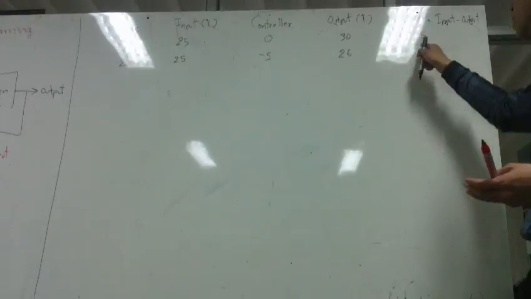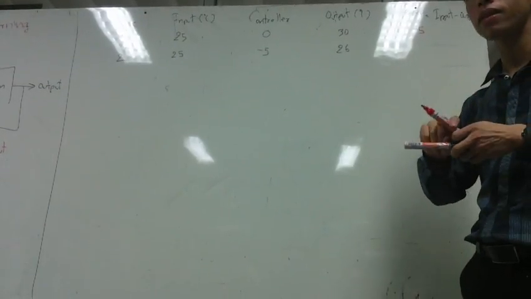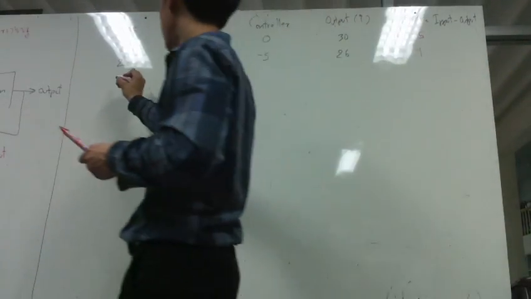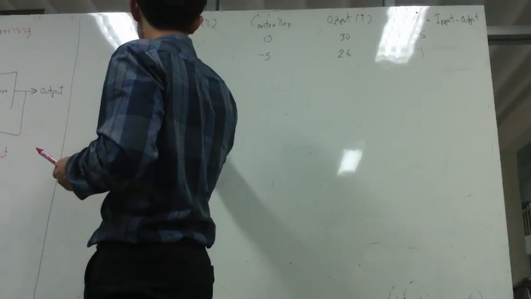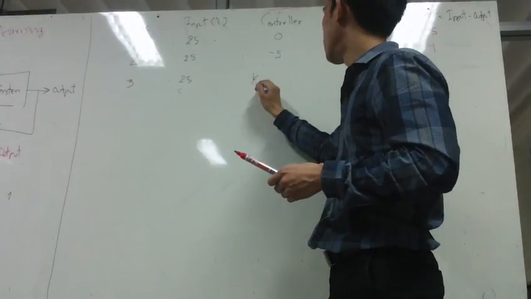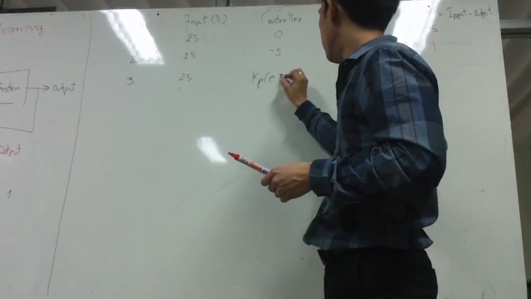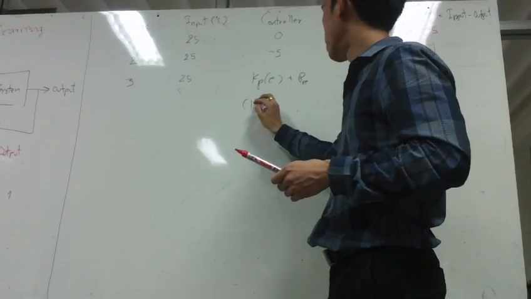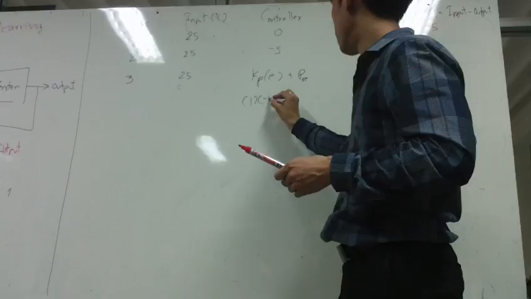Let's say it comes down to 26 Celsius in the second time step. What is the error now? -1. Again, we will do the same thing. We still want 25. KP is 1. The error is -1.